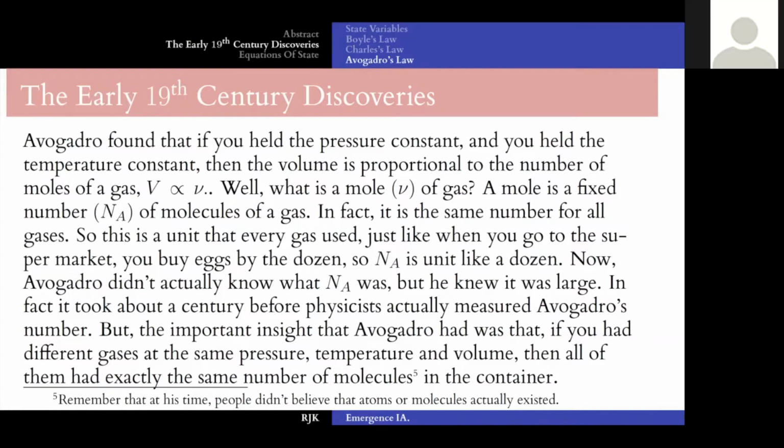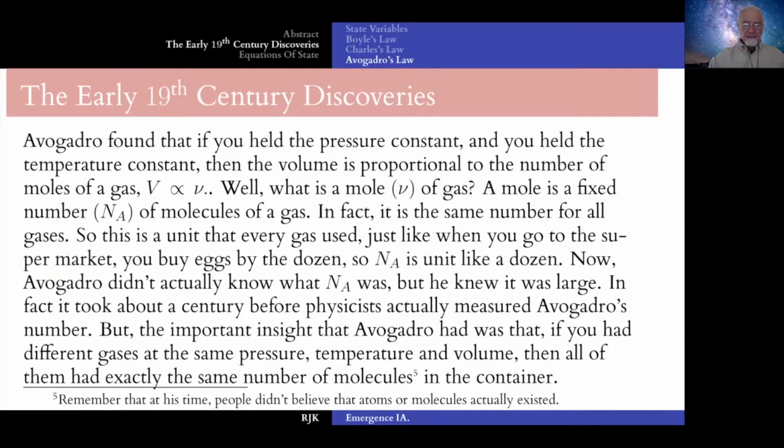A mole is a fixed number, N sub A, of molecules of a gas. And in fact, it's the same number for all gases. So this is a unit that every gas uses.